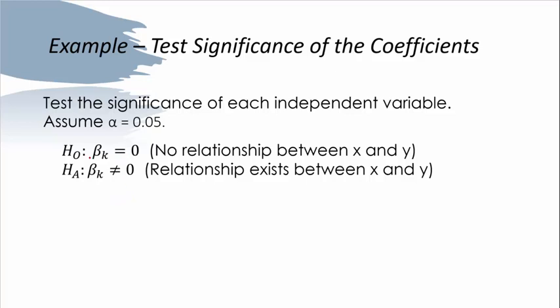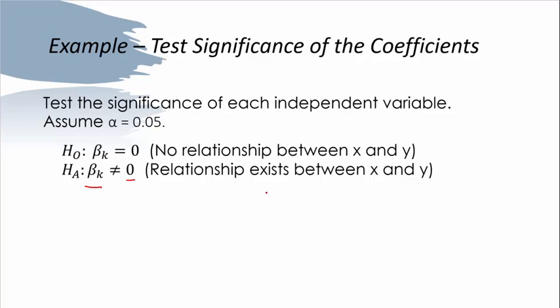Well, that would actually mean that we have a slope that is something other than 0. If the slope is 0, when x takes on different values, y doesn't change. So if our beta is 0, or approximately 0, there's no significant relationship between x and y. In other words, x can run around and do whatever it wants, and y won't change.